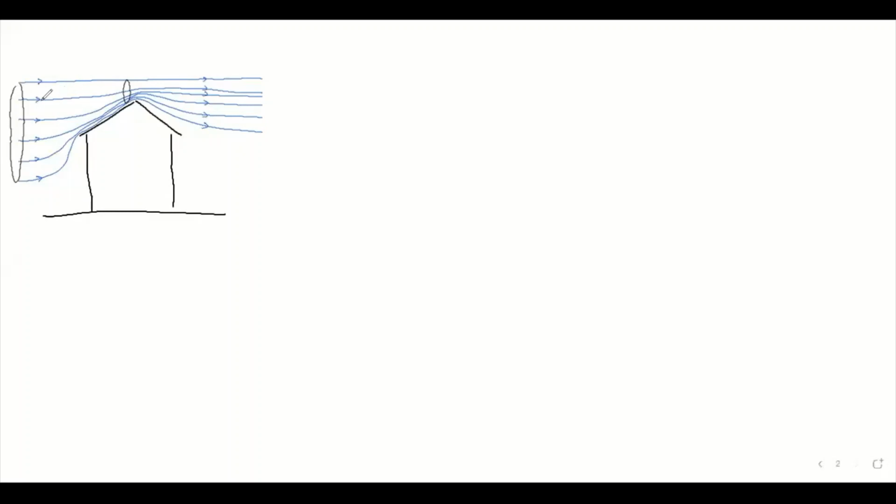Here I have drawn the diagram. You can see that the streamlines I have drawn above the house. So the area of cross section is going to reduce as the wind goes over the top of the house. Right, so this is something that you have to do in your paper. So velocities I can mark here as v1 and here as v2.